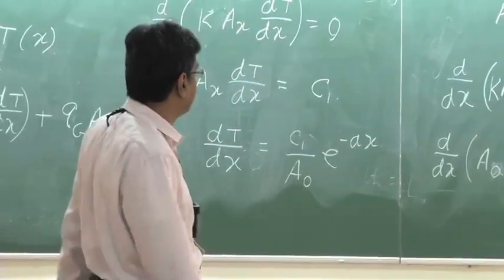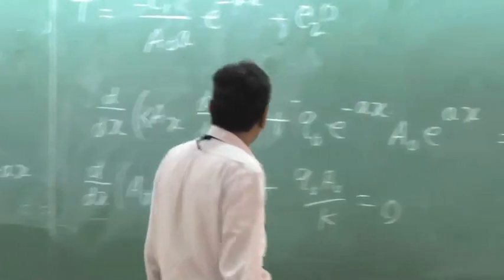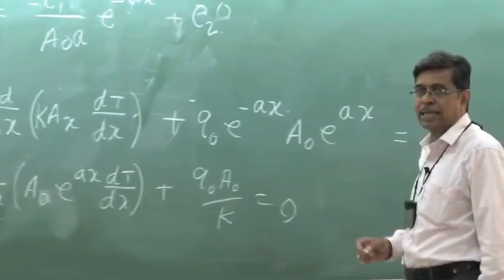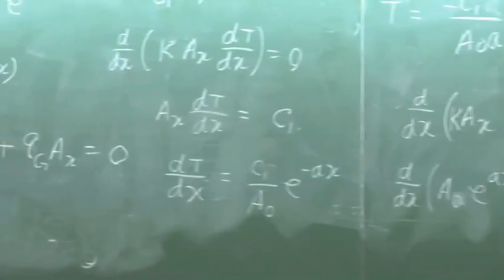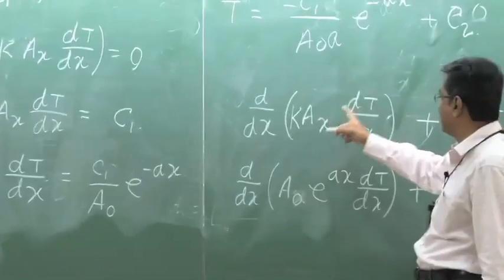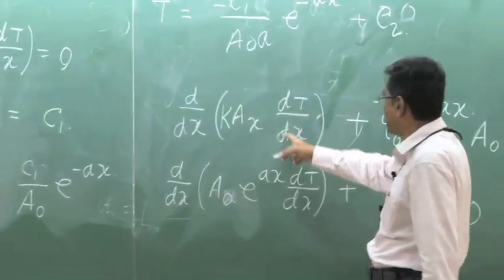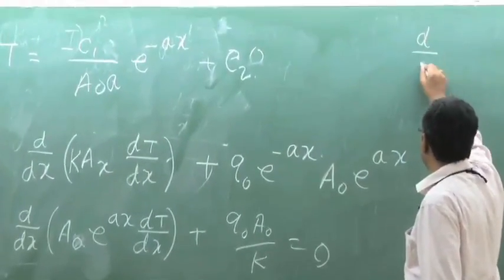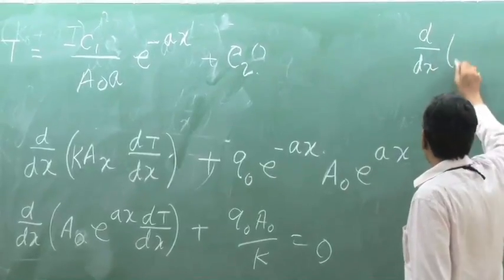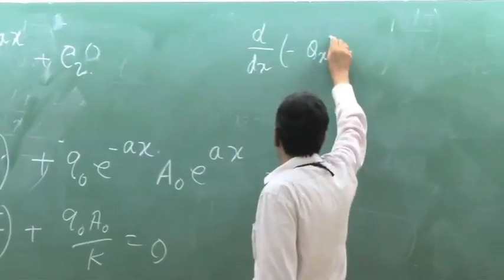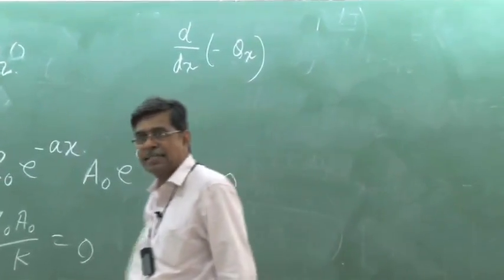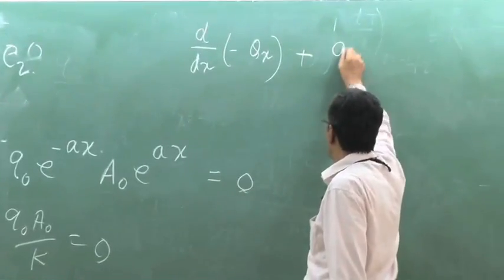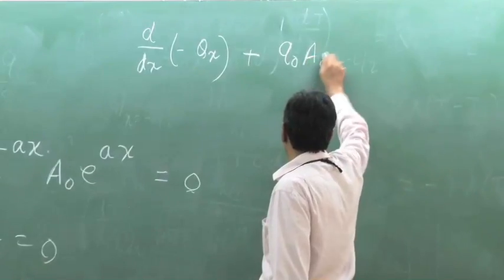Now the heat flux distribution. They have asked what is the heat flux distribution? Actually this is the heat flux. ddx of minus Qx, where Qx is minus K Ax dT/dx. That means I can write ddx of minus Qx, where Qx is minus K Ax dT/dx, plus Q0 A0 is 0.